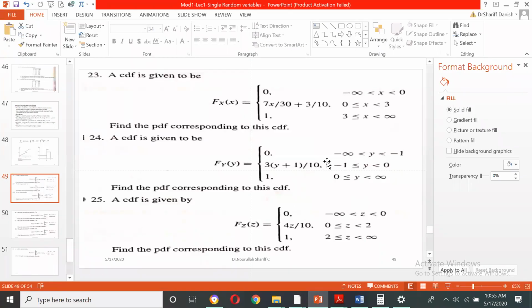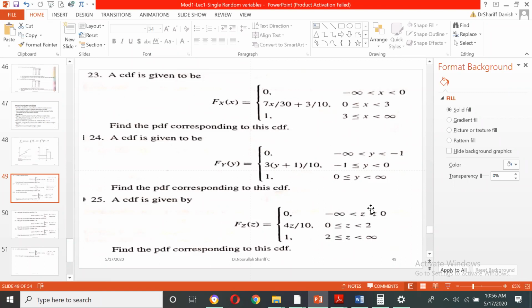So you need to differentiate between this and this over here. So plotting should be proper. And after 0, between 0 to infinity, it will be just equal to 1. Okay, you can plot it properly for this.